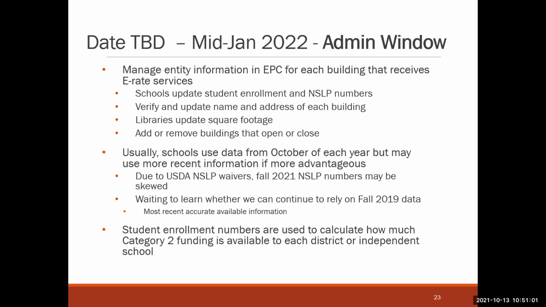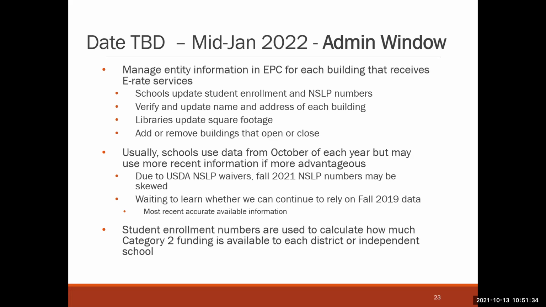Now, the student enrollment numbers are used not only to calculate your E-rate discount by calculating your NSLP percentage. It also is used to create your Category 2 budgets for schools. And the way that the online portal works is that you have two sets of enrollment data that don't necessarily have to match.